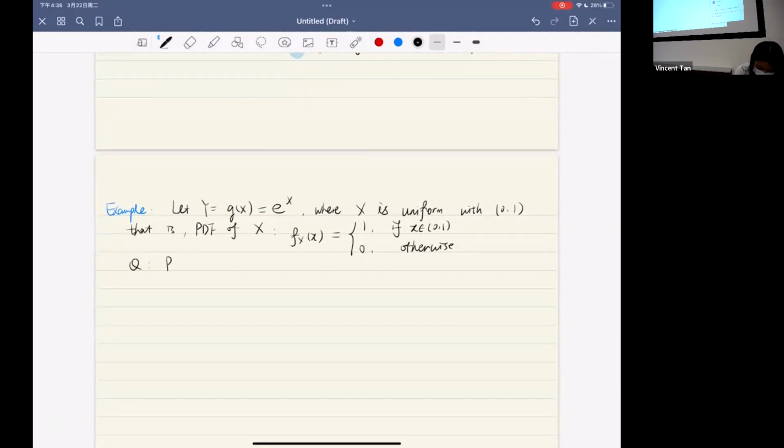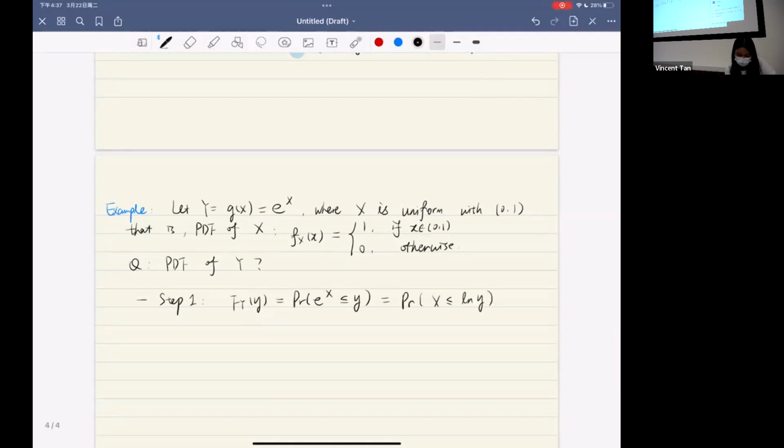The same question: we want to find out the PDF of y here. Step 1, we still calculate the CDF of y. And here, this is an exponential of x smaller than y. So by taking logarithm on both sides, the probability of x smaller than log y. So this is equal to the big F_X of log y.